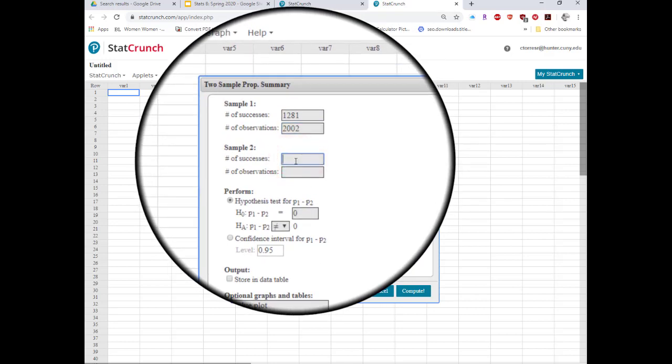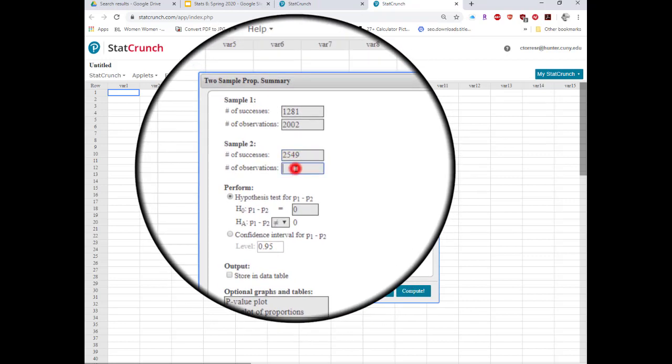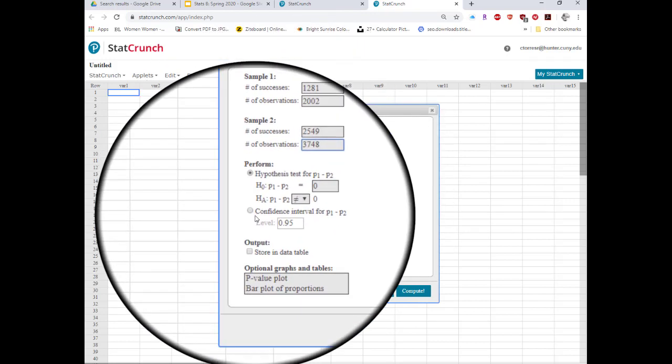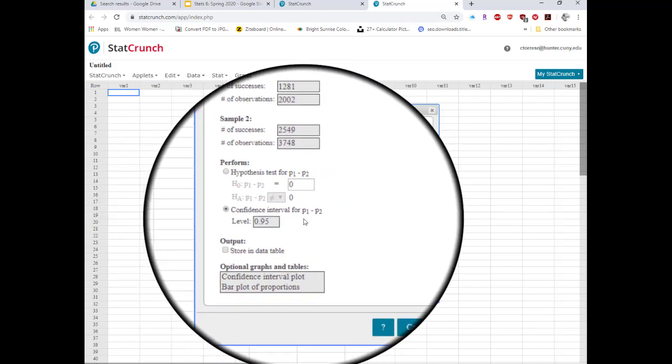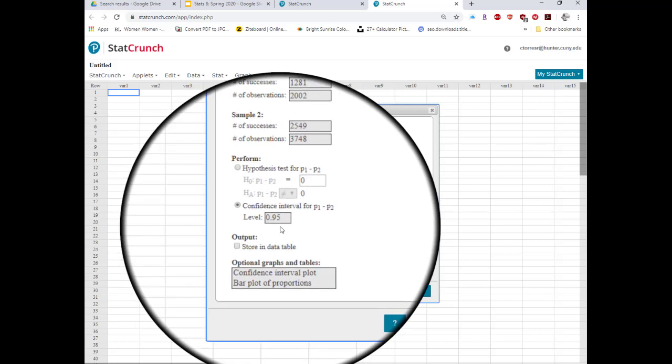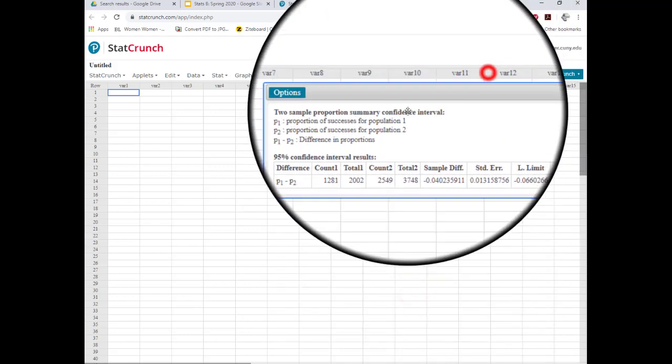For the second sample, when we're talking about just scientists, there were 2,549 successes out of 3,748 observations. We want to click on Confidence interval for P1 minus P2 and put down that we want the 95% confidence level, and then we're going to hit compute.